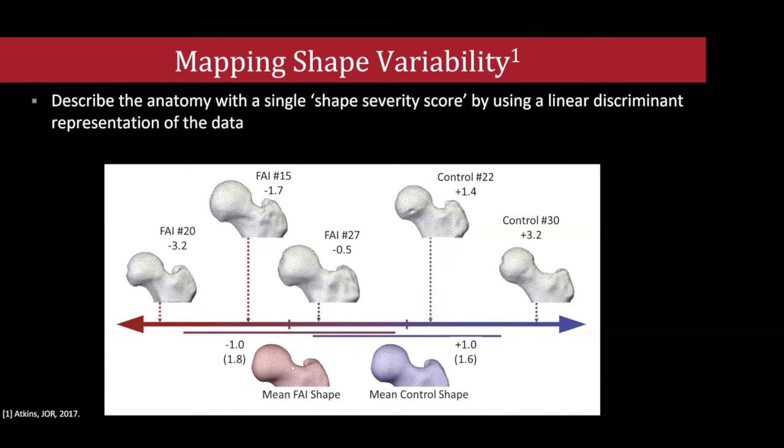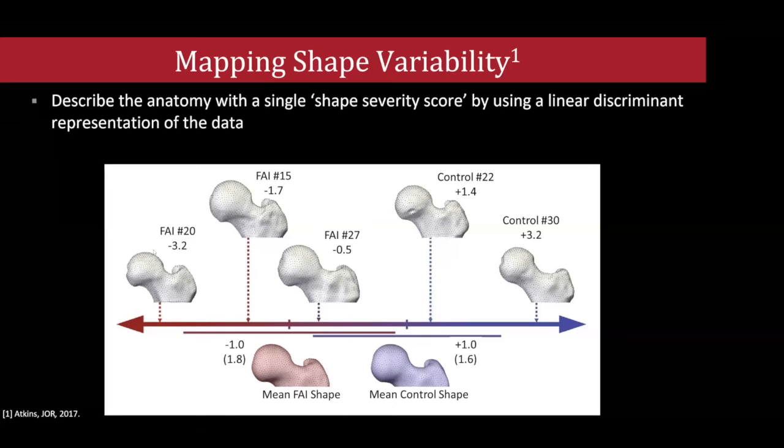We're mapping individual patients to this vector, and this vector defines where the FAI mean shape is, right here at -1, and where the mean control shape is, at +1. And you can see the individual patients mapped along here.